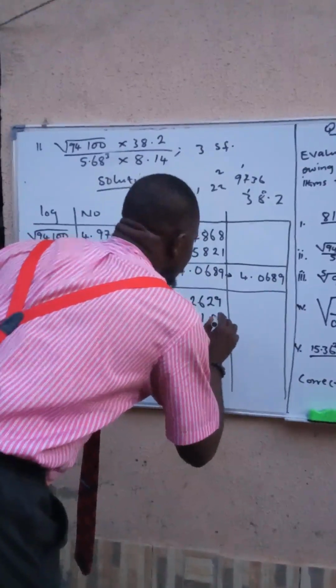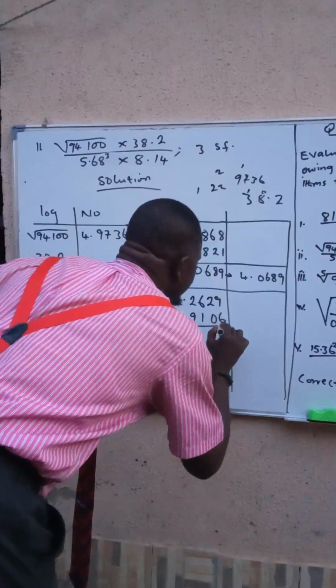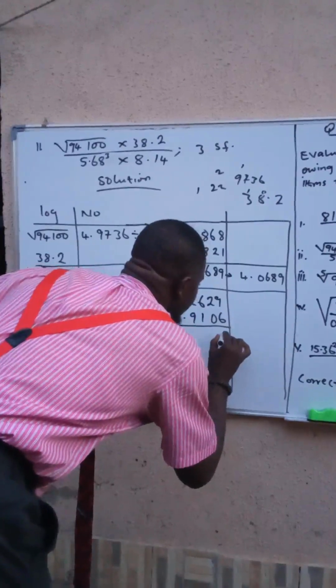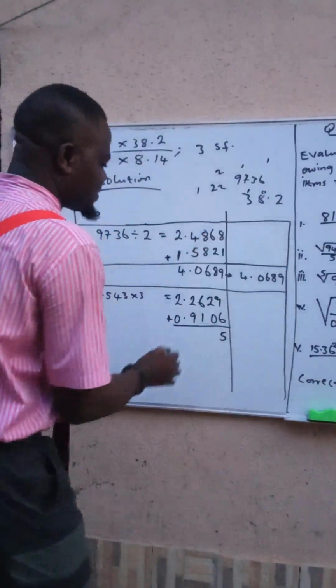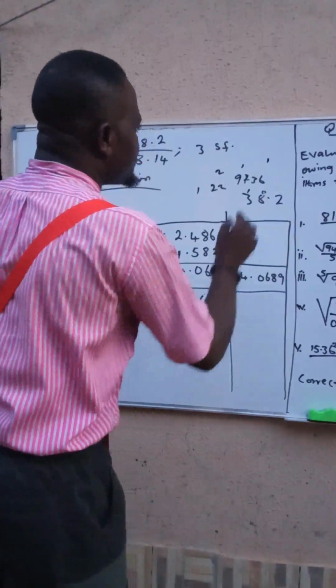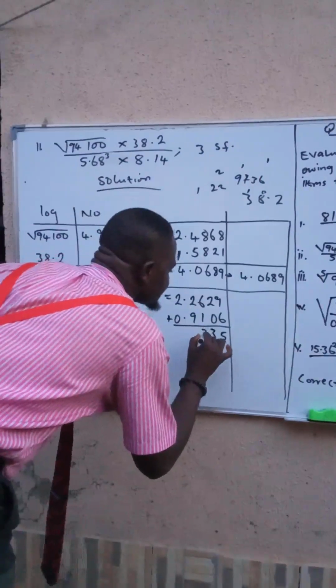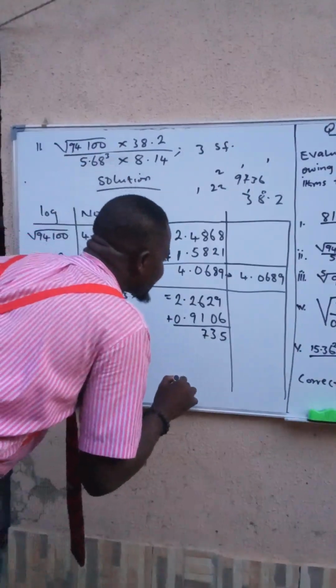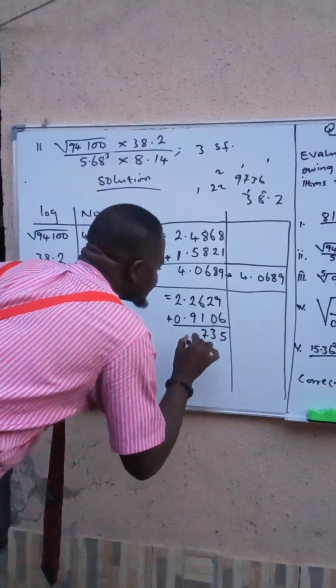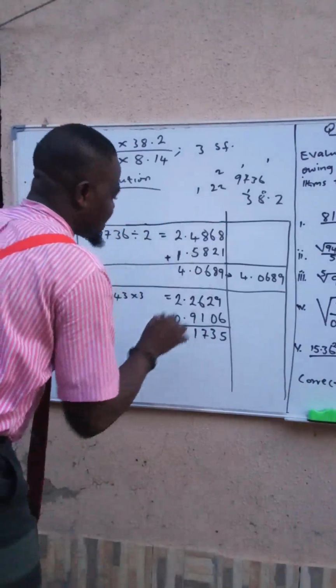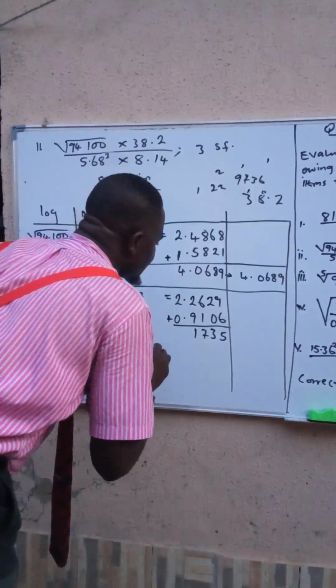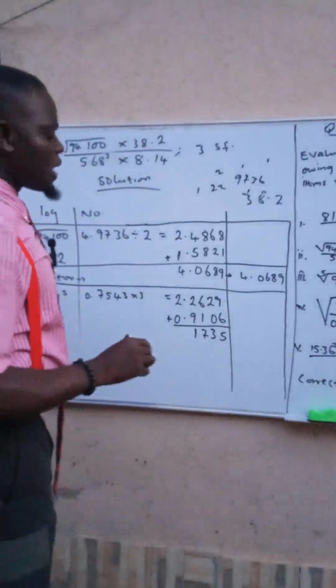Now in this case, I have to add 9 plus 6. 9 plus 6 is 15. 5 carry 1. 2 plus 0 is 2 plus 1, 3. 6 plus 1 is 7. 2 plus 9 is 11. 1, carry 1. 2 plus 0 is 2 plus 1, 3.